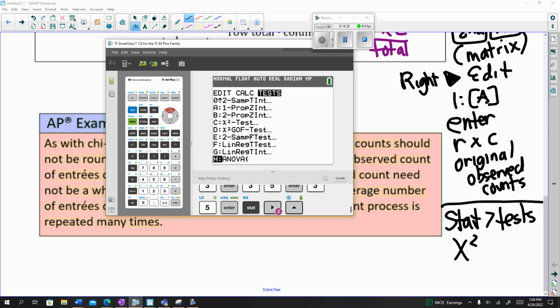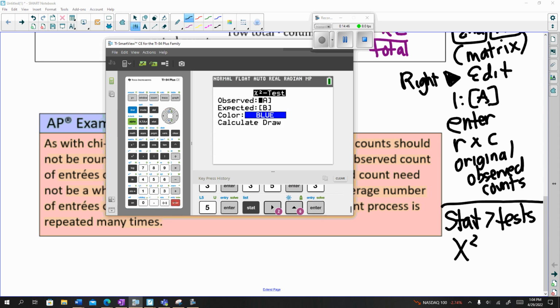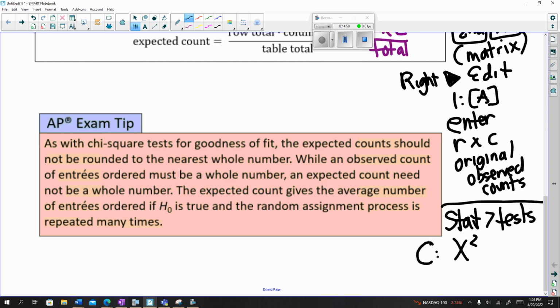It's a little easier because it's toward the bottom. You're going to see C and D. You're going to choose a regular chi-square test, which is letter C. So choose C, chi-squared test, not goodness of fit, because that's the other test.